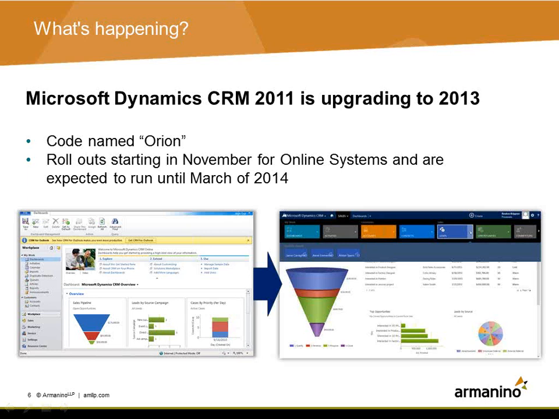Rollouts for the upgrades are starting in November for online systems, and they're not trying to do them all on one day or even one week or one month. They're rolling them out over a series of four or five months, and they hope to be done with this process in 2014. And this is just for the online systems.